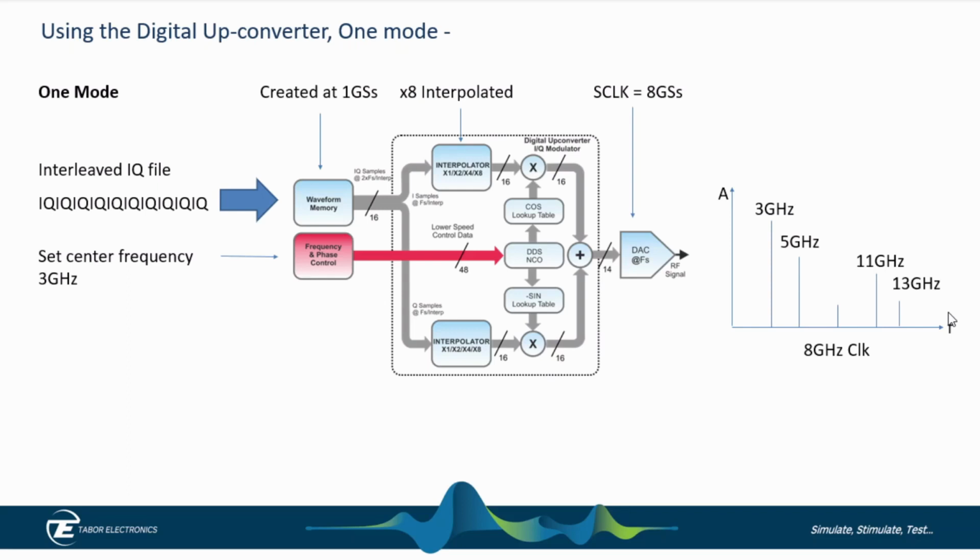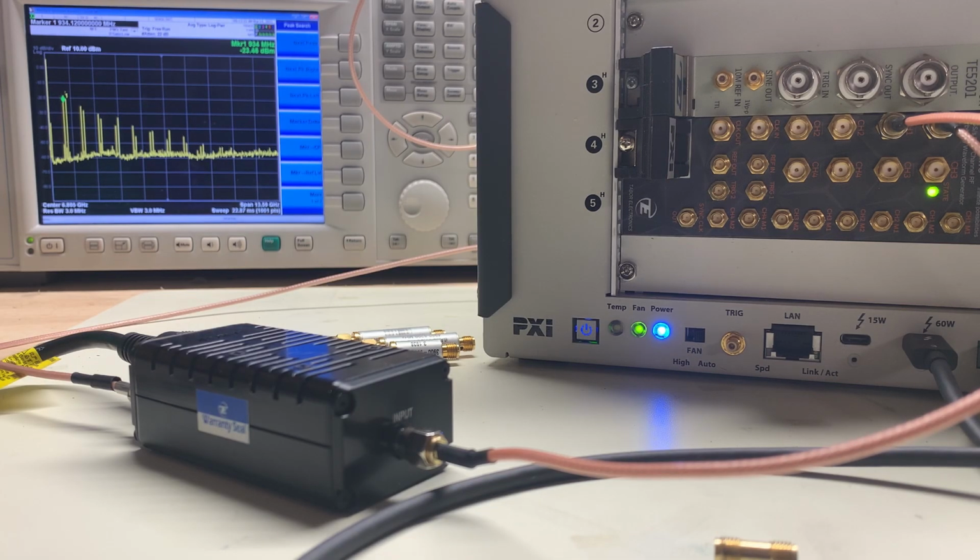So let's take a look at a demonstration now of how we would use the digital up conversion in one mode. In this example, we are back to our 75 megahertz tones. You can see the fundamental at the very left-hand side of the spectrum analyzer screen, and then you can see images, plus or minus the clock frequency at 1 gig, 2 gig, 3 gig, 4 gig, 5 gig, and the span of the spectrum analyzer is 13 gigs.